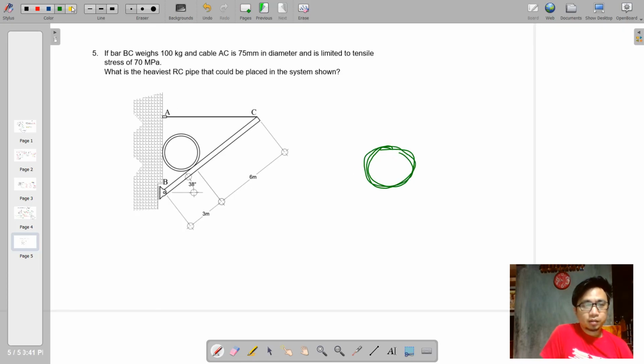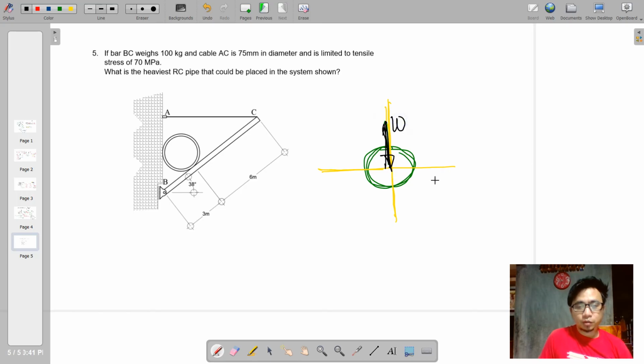From the cylinder, we're going to have your X and Y axis, and then just place your loadings.